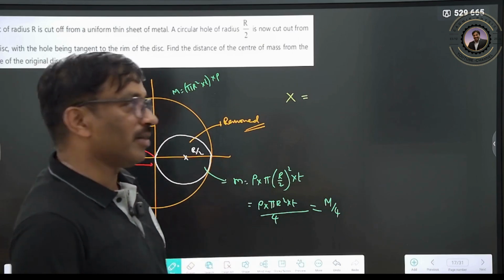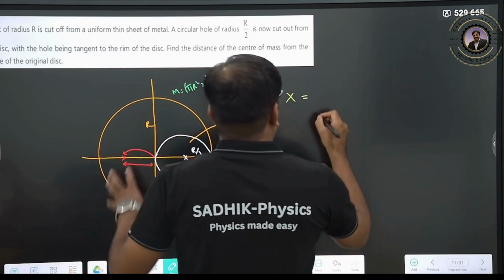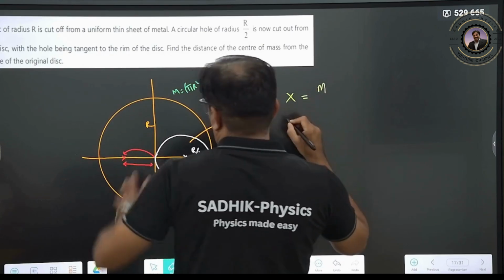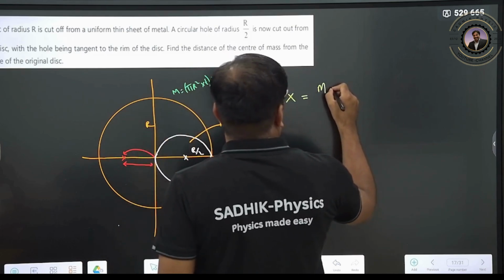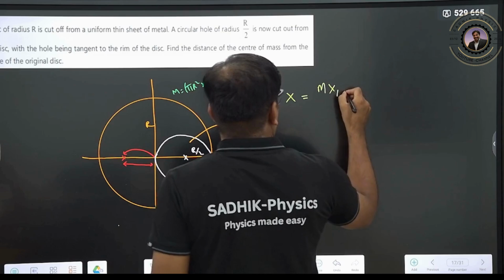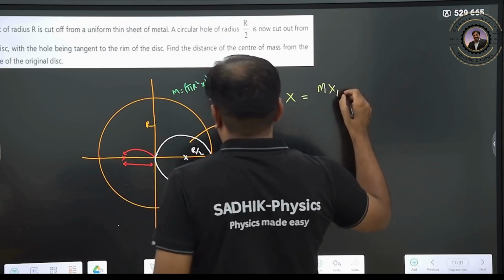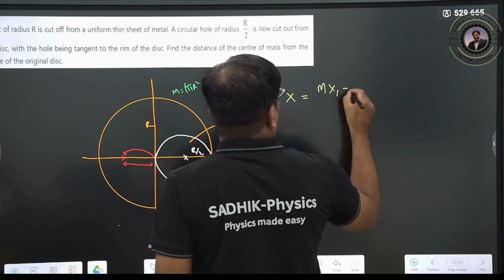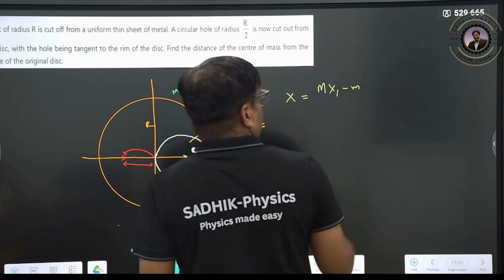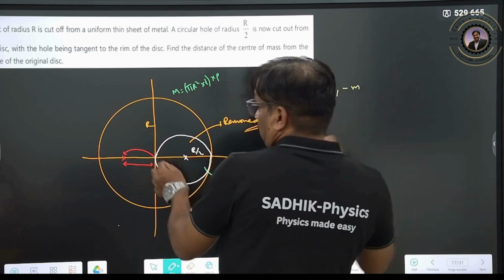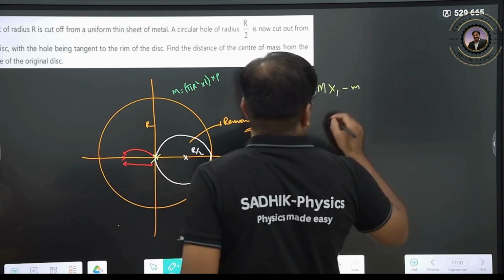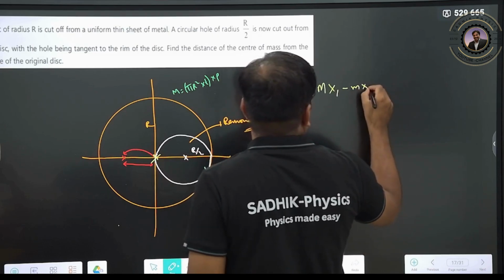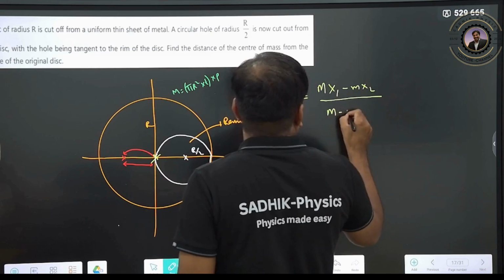Here we are removing, so the whole body mass into the center of mass of the whole body, minus the removed mass into its center of mass. Therefore we take the center of mass from here. So what is this distance? The center of mass is x2 divided by M minus M by 4.